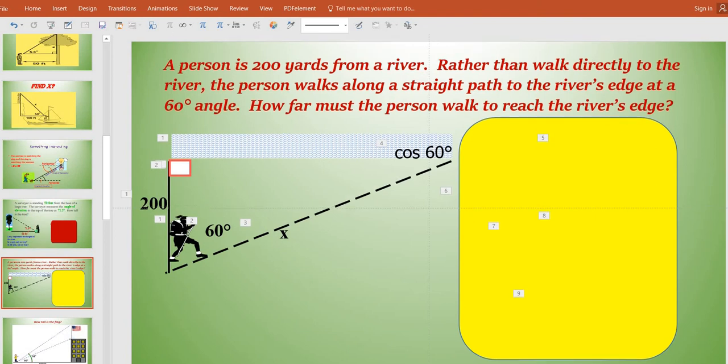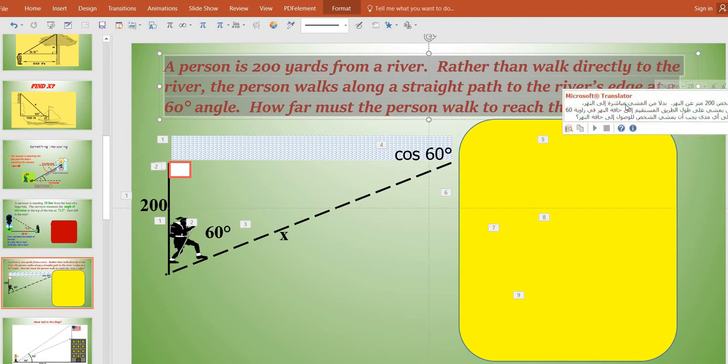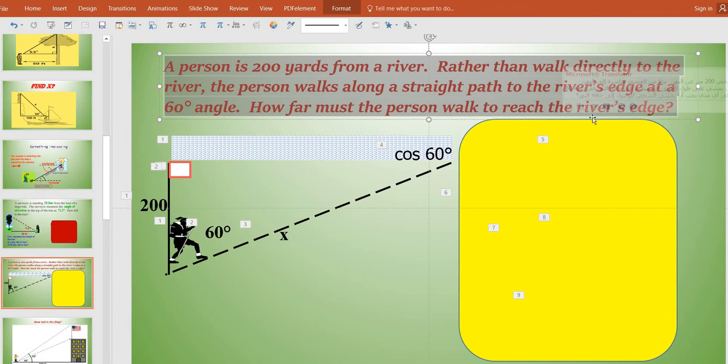Let's go to this example. A person is 200 yards from a river. Rather than walk directly to the river, the person walks along a straight path to the river's edge at a 60 degree angle.